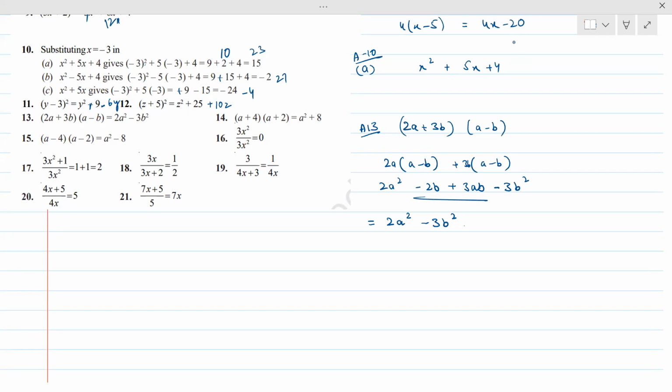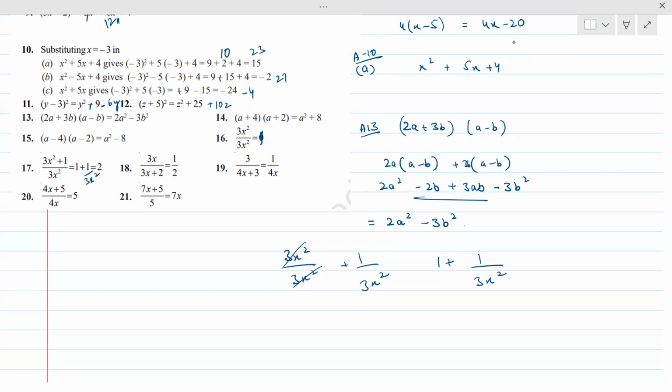Similarly, all other parts you can see it will be 1. You can see for the 17th, 3x square plus 1 by 3x square, which is 1. Because if I see 3x square by 3x square plus 1 by 3x square, which will be 1 plus 1 by 3x square, not 1 plus 1 only.